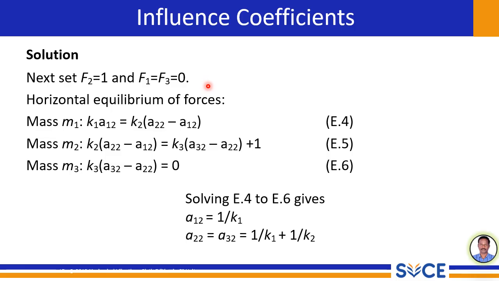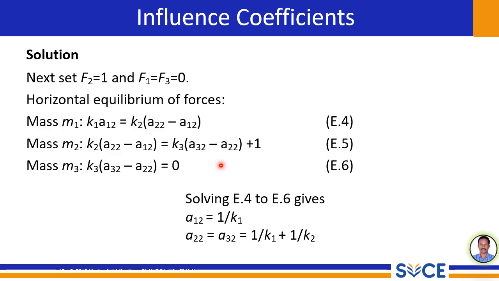For mass 1, the force from spring K1 to the left must be balanced by the force from spring K2 to the right. Similarly, for mass 2, the force from spring K2 should be balanced by the force from spring K3.